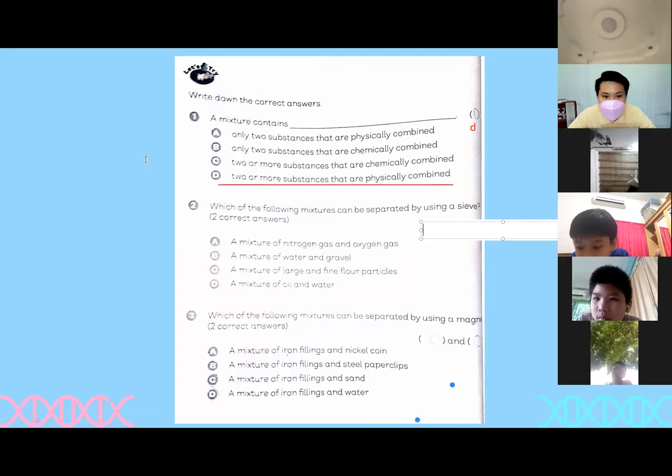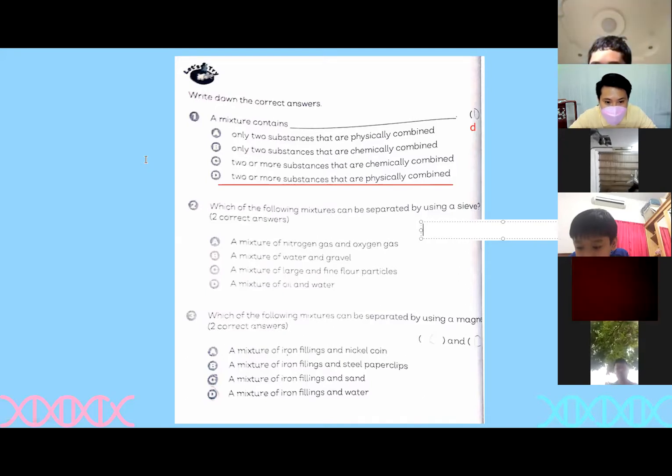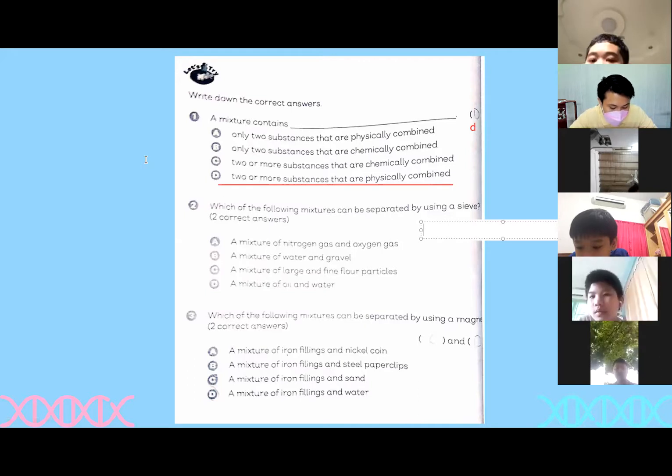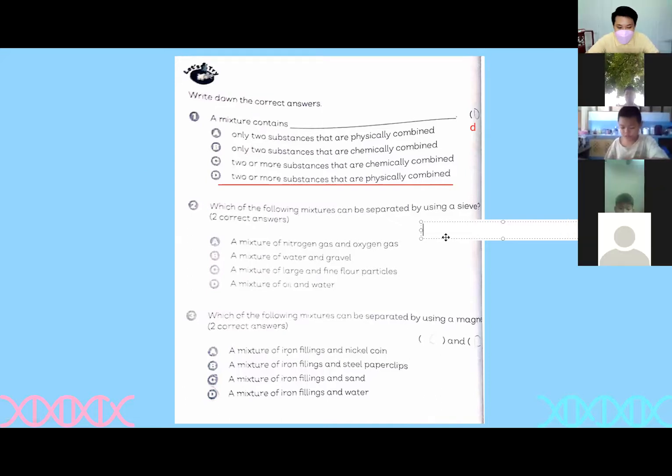D, a mixture of oil and water. It has two correct answers. C, correct. A mixture of large and fine flour. B and C. Very good. So the answer is B and C.